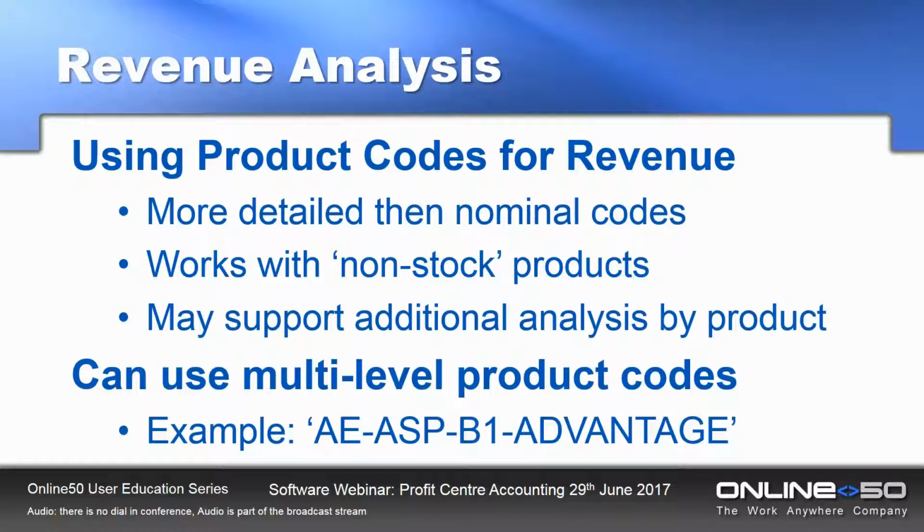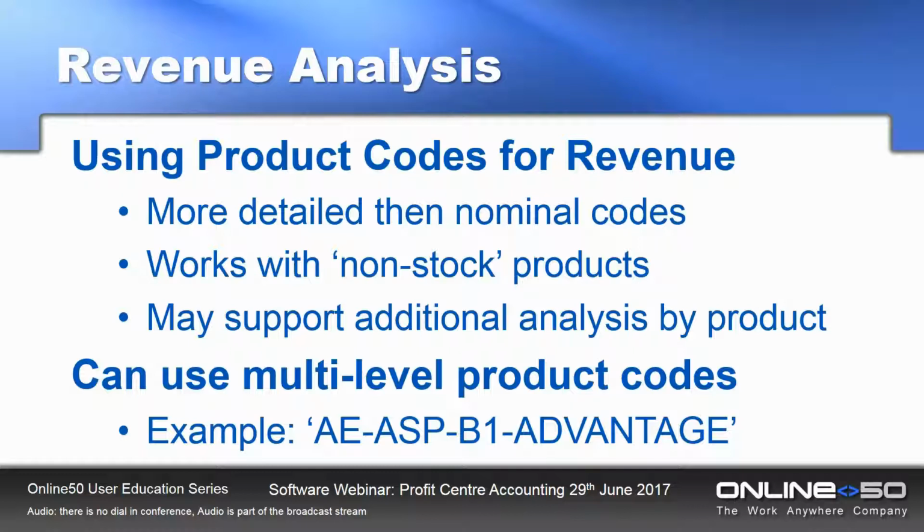So the example code there is one of our own product codes. As you know, one of the products available on our platform is SAP Business One, which we sell under the Ambition Enterprise brand. There are several components of Ambition Enterprise. So this code AE shows us that it's an Ambition Enterprise product group. ASP is a software license.